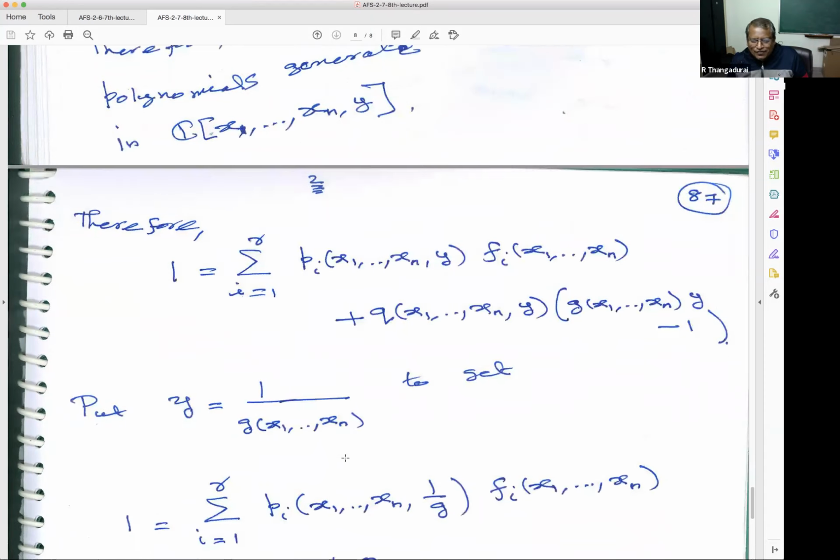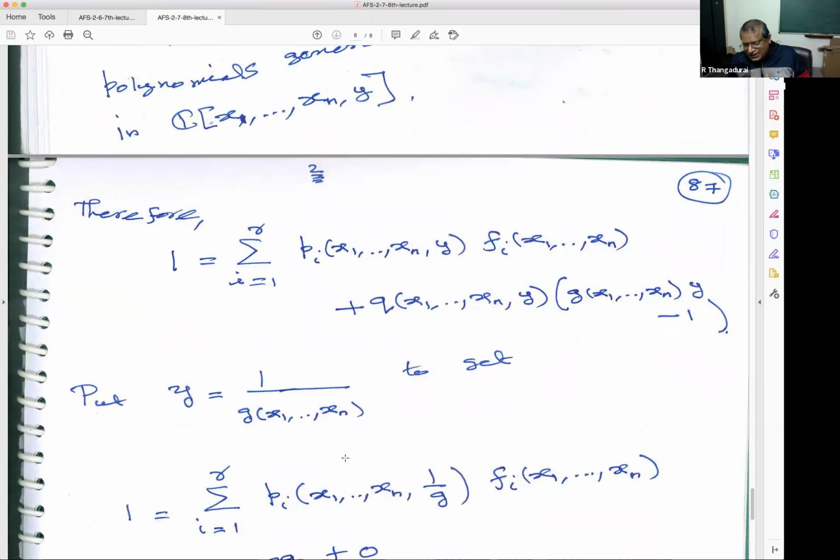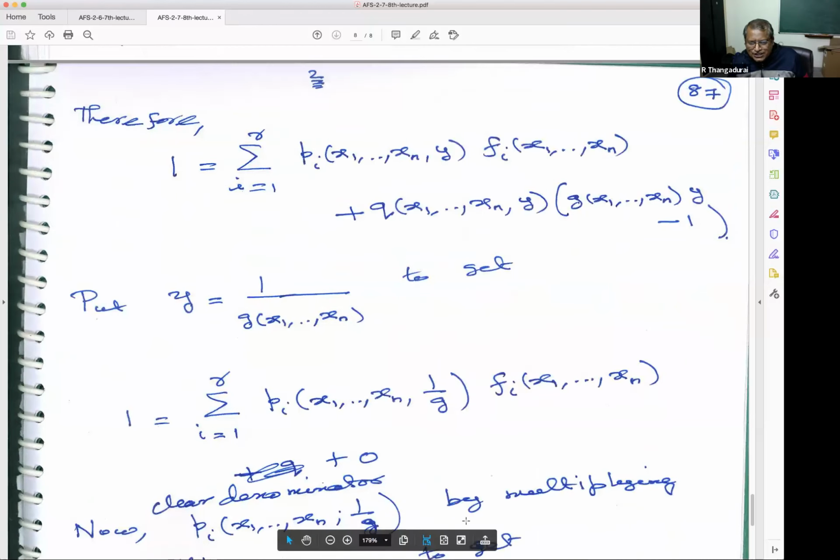We are really doing the same construction as the quotienting with g times h minus 1. We are putting y equal to the inverse of g. Once we put y equal to the inverse of g, g doesn't have a y variable at all.